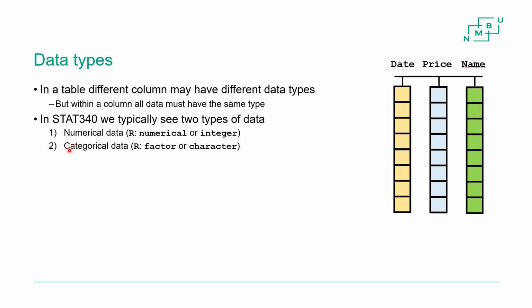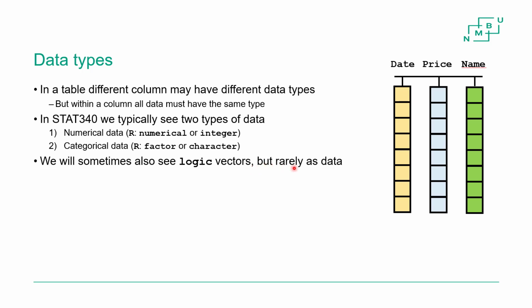Numerical data or categorical data. Those are the two data types we will see. There is also, of course, a logical data type in R. We may see it from time to time, but rarely as data. A logical can only have two values, true or false, and we never really have data of that type.